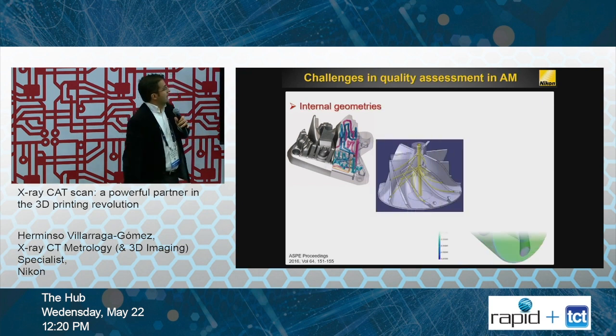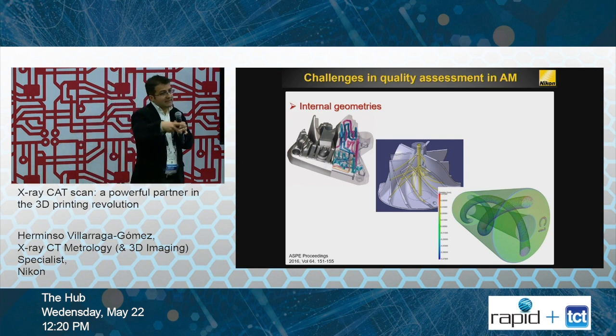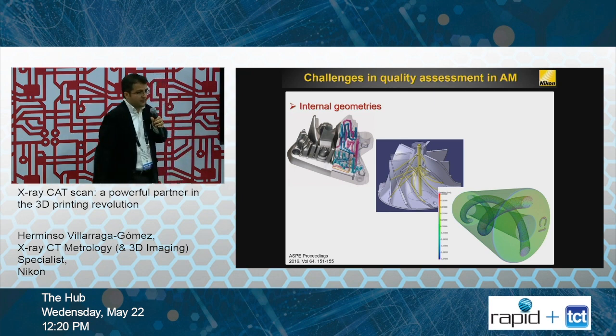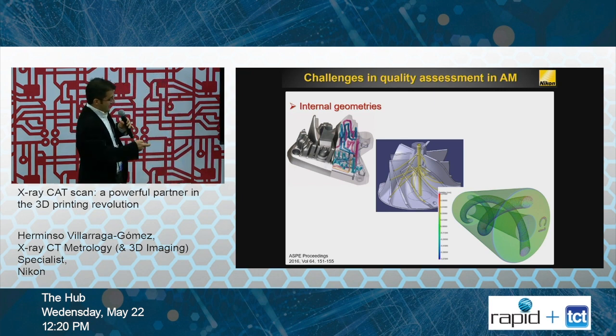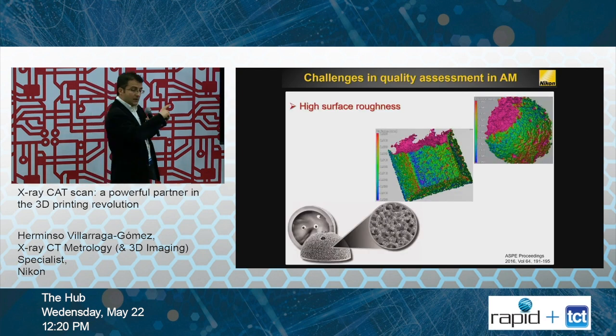The second one is that it generally brings internal geometries. Internal geometries that are not easy to check with a tactile CMM or with a visual system, unless we get inside somehow with a probe to check the inside of the part, or if we destroy the part. The other issue is that we get roughness.